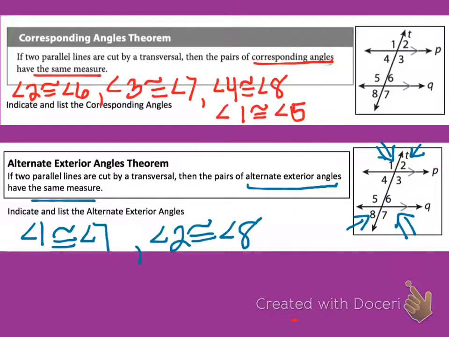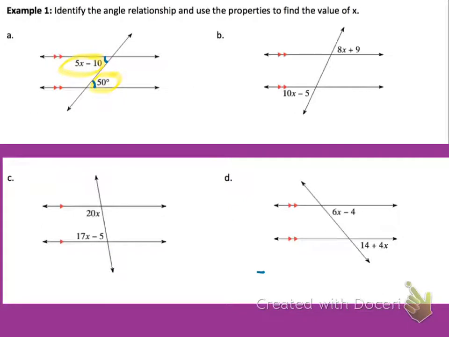The corresponding angles, I just do C corresponding angle, and then theorem THM. And finally, alternate exterior angles is AEA congruence theorem. It's helpful to have abbreviations because we'll be writing some proofs, and it just shortens up what you have to write for the proofs.